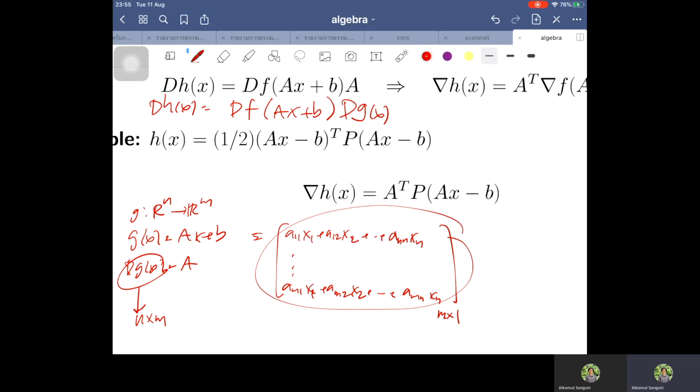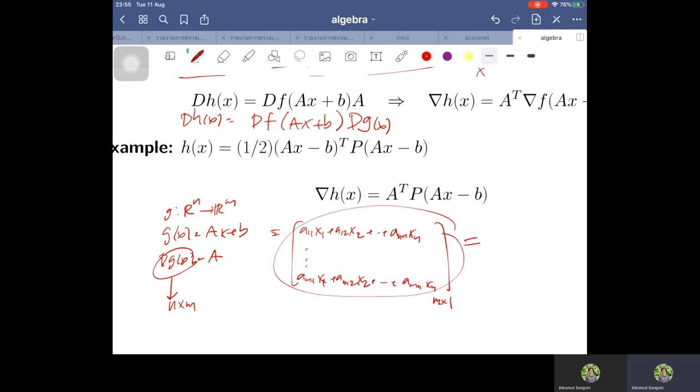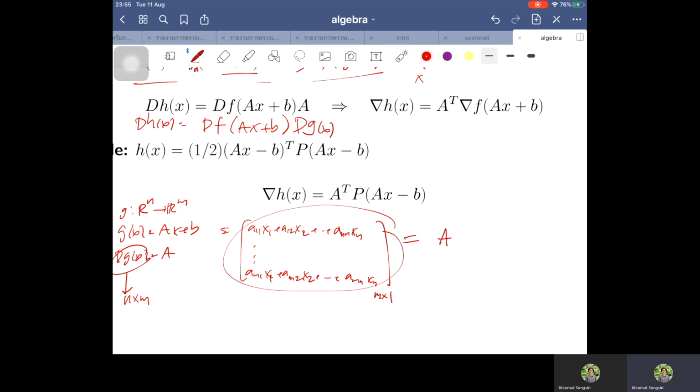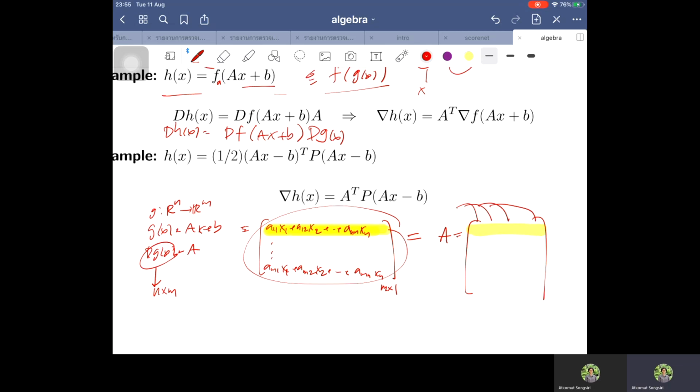When you take the Jacobian, it's going to be A, because the first row of the Jacobian is given by taking the derivative with respect to x1, x2, x3, and so on.